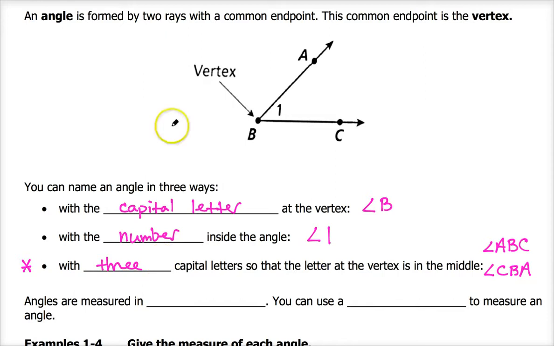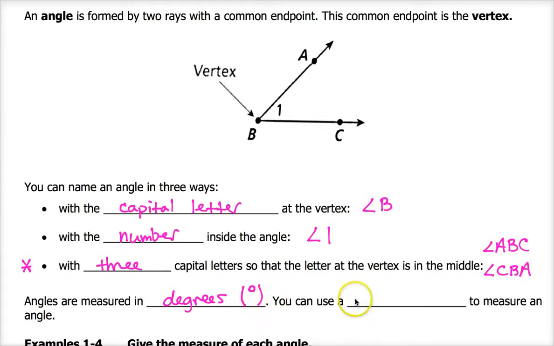Angles are measured in degrees. And the symbol for degrees is this little circle that you put up top next to the numerical number that represents the measure of the angle, sort of like you do with temperature when you're measuring Fahrenheit and Celsius.